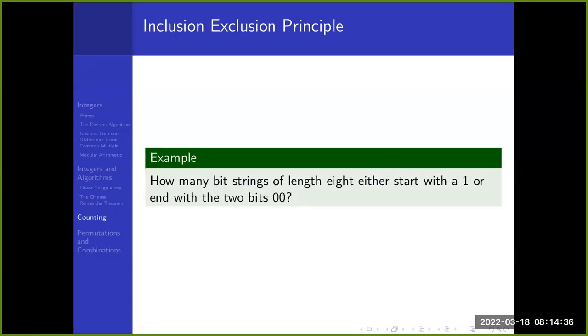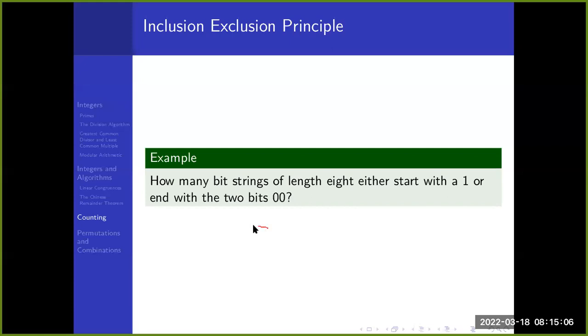So here we go. Let's apply it to an example. Here's a question which is asking how many bit strings of length 8 either start with a 1 or end with 2 zeros, right? So let's see if we can illustrate this.